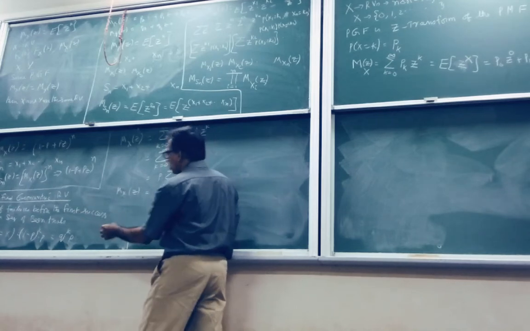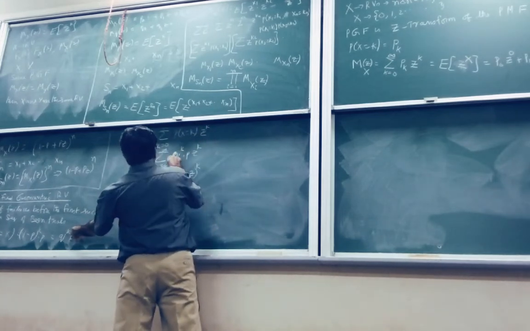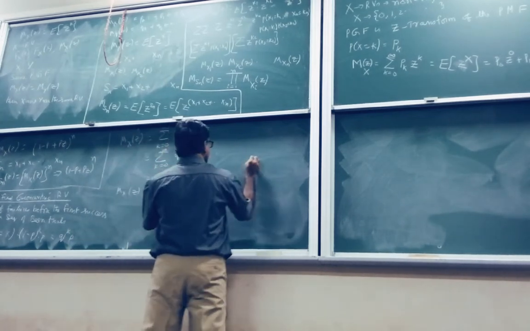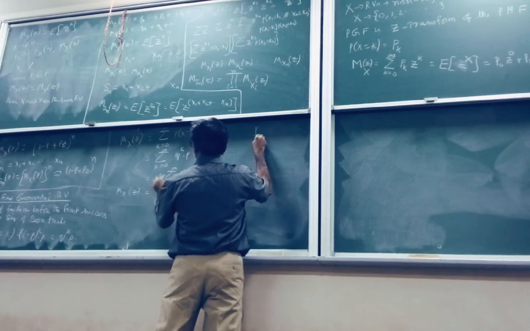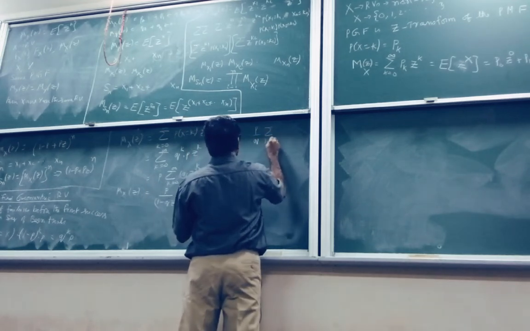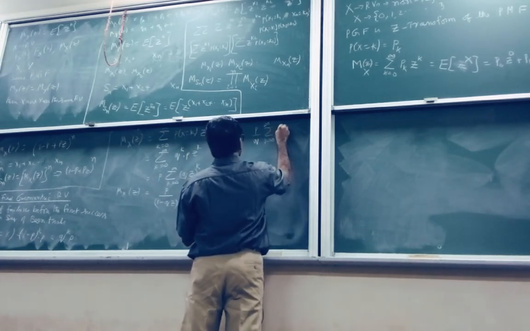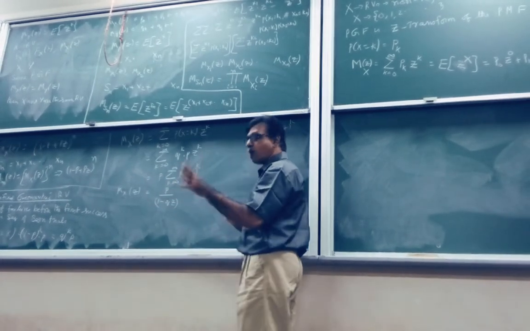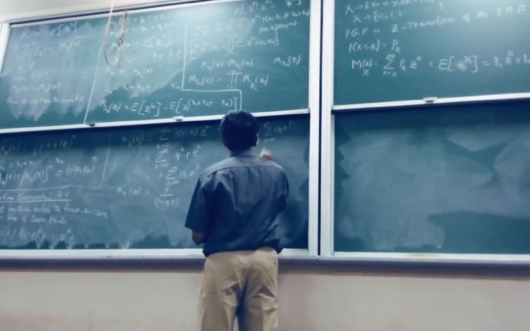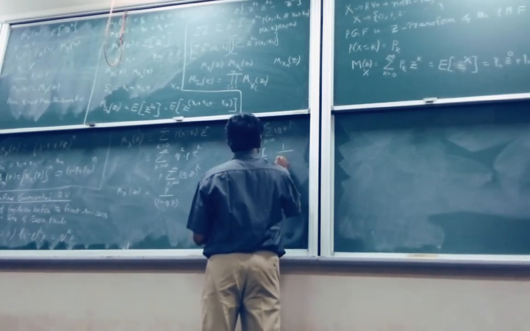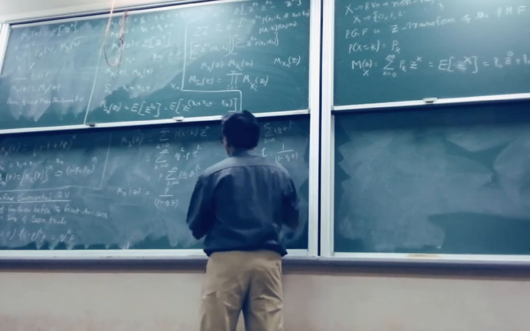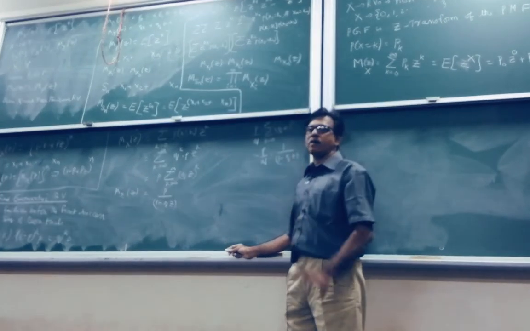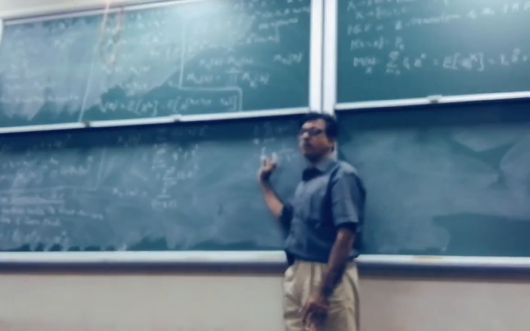So to get this one, I will multiply by q and divide by q. Then the only difference is q by p into 1 over 1 minus qz if we deal with the geometric random variable. This will be the MGF, PGF of the geometric random variable.